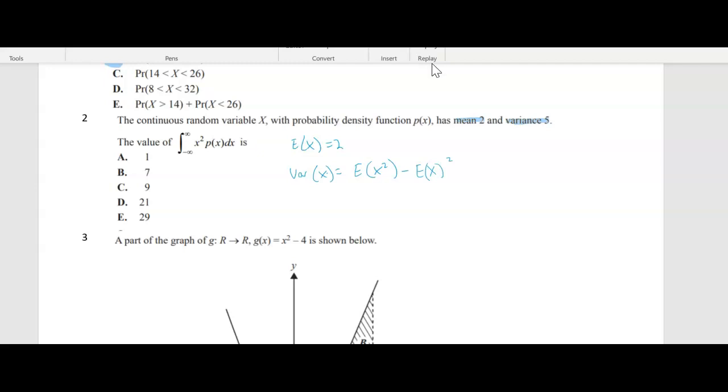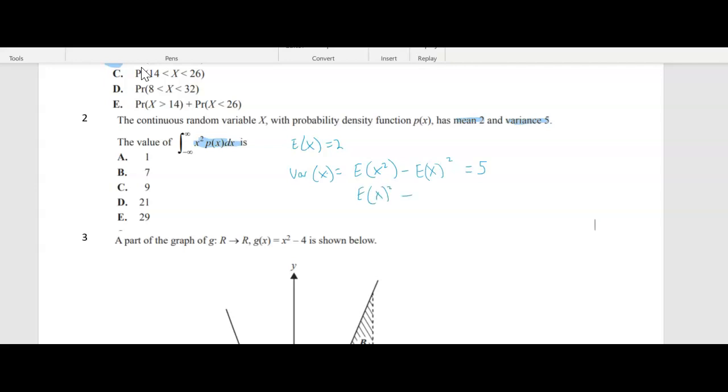So your expected value for this one is the same as your mean, so 2, and your variance is equal to this, and remember your variance is equal to 5. So let's have a look at what we want to know. So we want the value of this, which is the same as E(x squared). Okay, so that's basically what we're solving for.